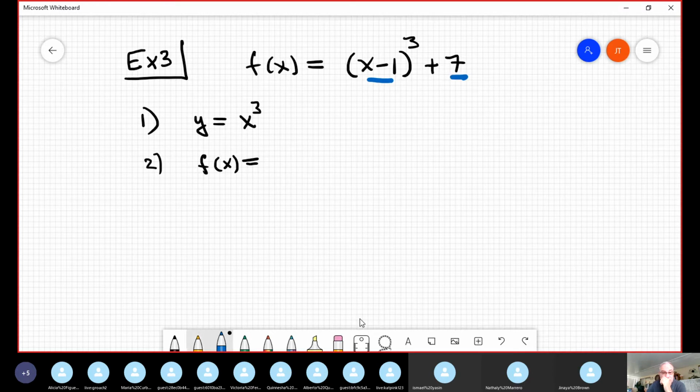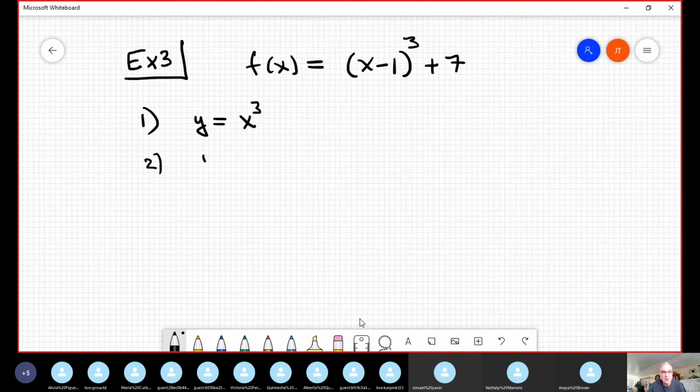The first transformation is, who helps me? Horizontal shift to the right. Horizontal shift to the right 1 unit. Sorry, this is not f of x. I want to call it y, an easy way.